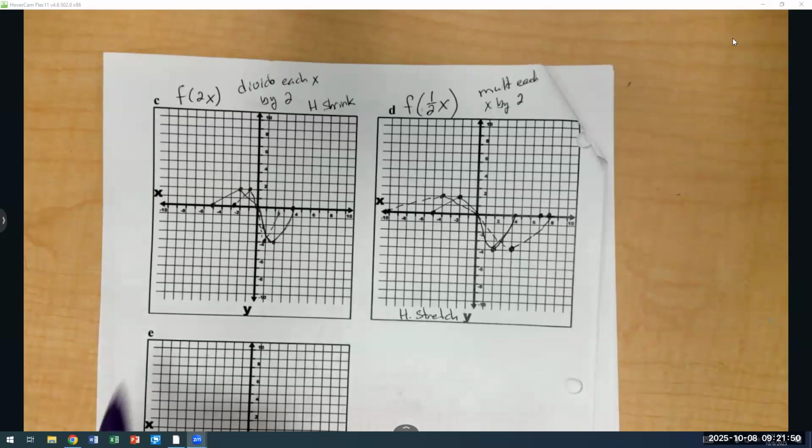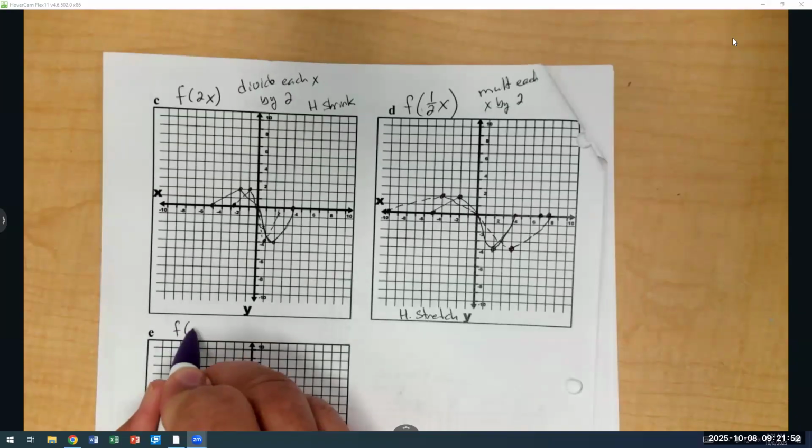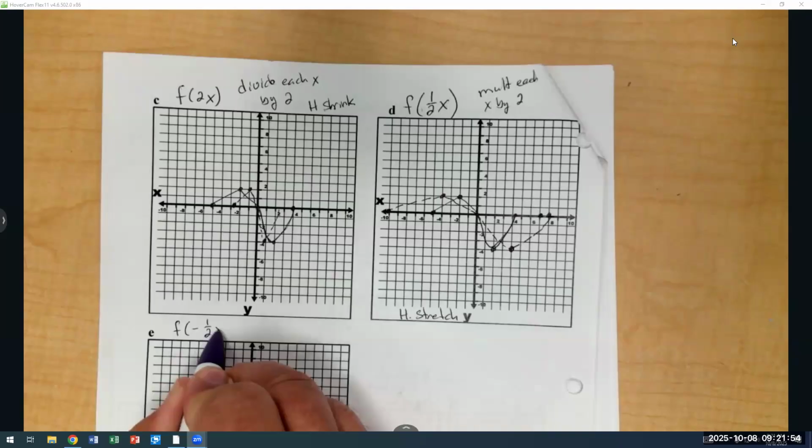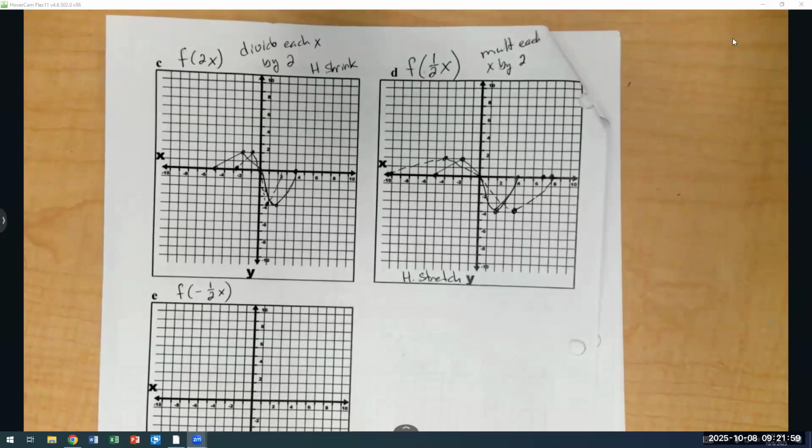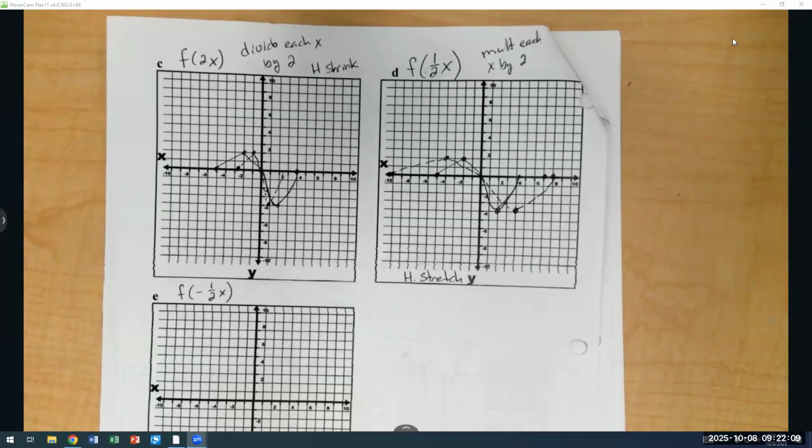And the last one is negative 1/2 x. So what do you think happens here? Multiplied by negative 2. Okay. Yes.